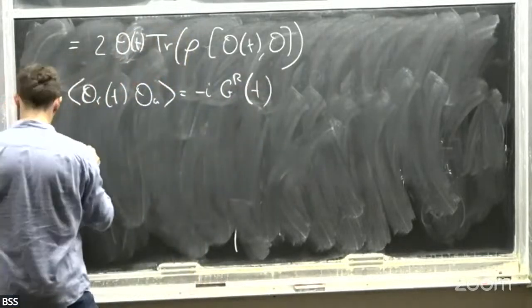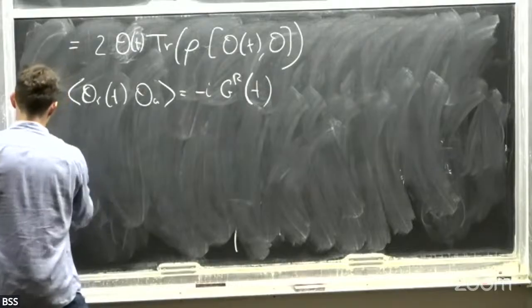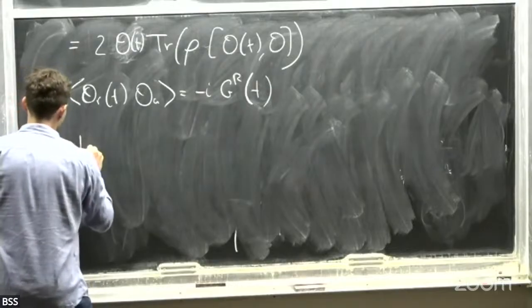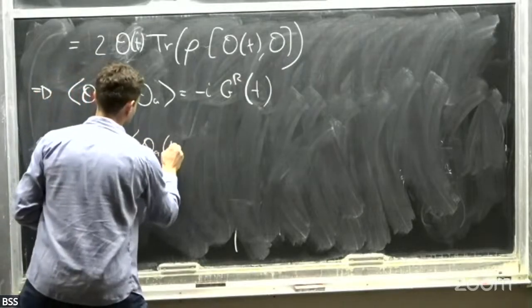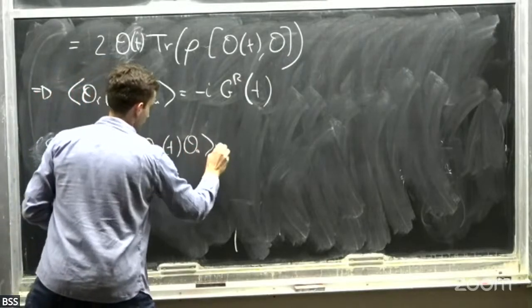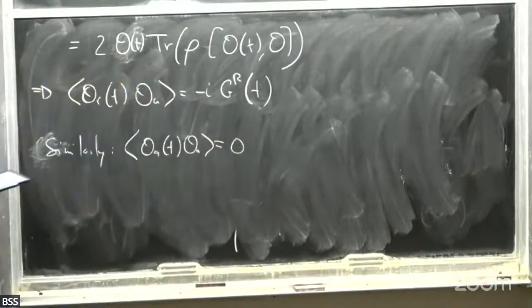I'll let you similarly show the other ones. The AA correlator is always 0 because there's always an A field carrying the latest time.